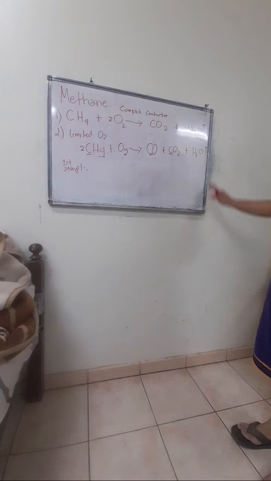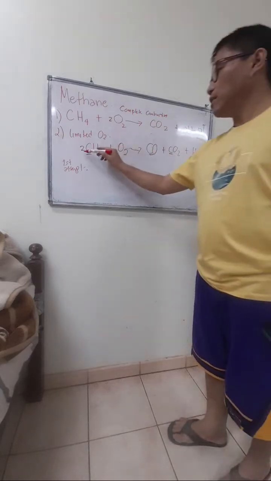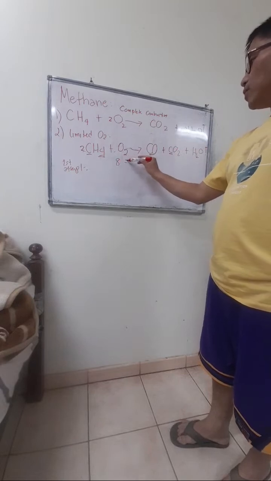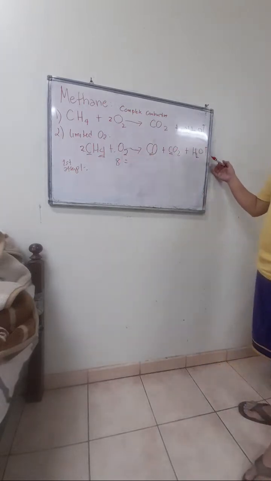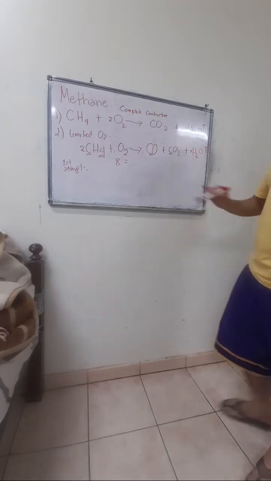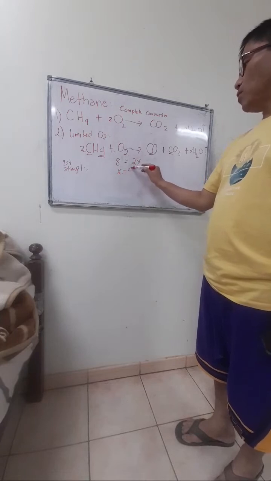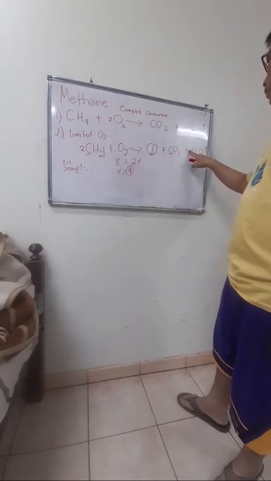Hydrogen here is 8, hydrogen here is 2. So 8 equals 2 times X, where X is the number of moles of this hydrogen. X equals 8 divided by 2, so X is equal to 4. Put 4 here.